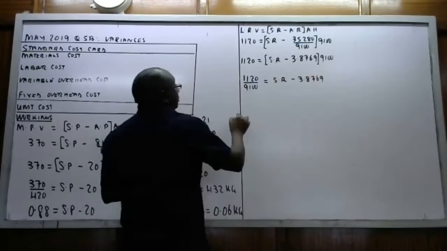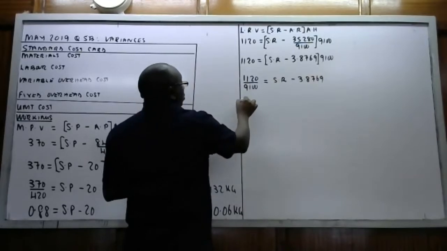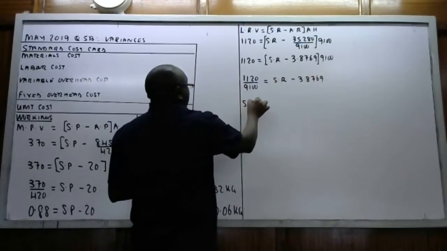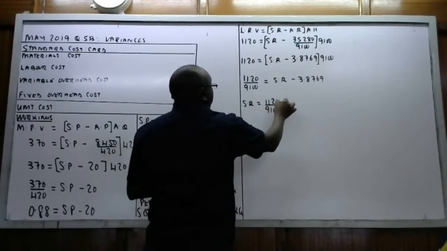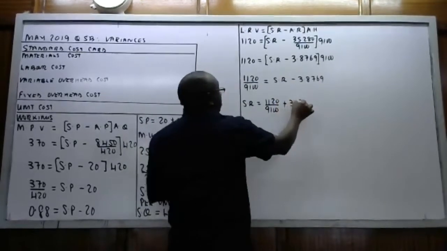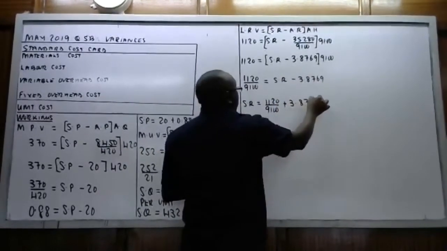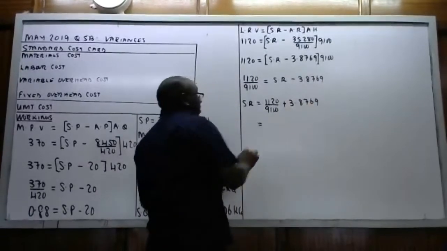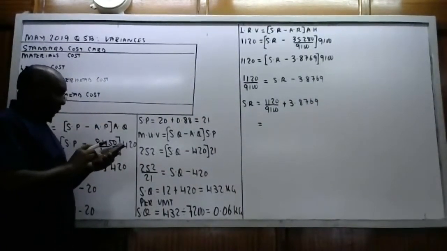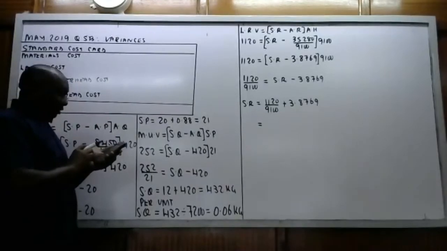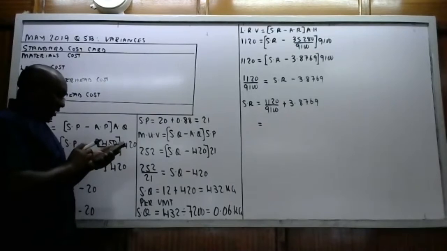3.8769. So the standard rate then should be 1120 you divide by 9100 plus 3.8769. So let's have that: 1120 divided by 9100 plus that answer.